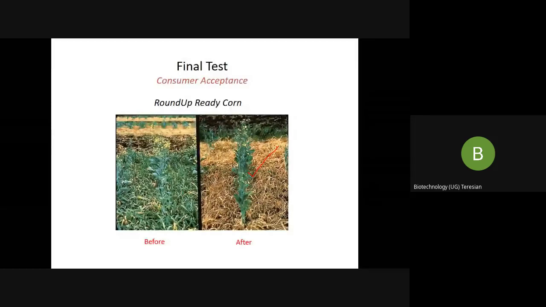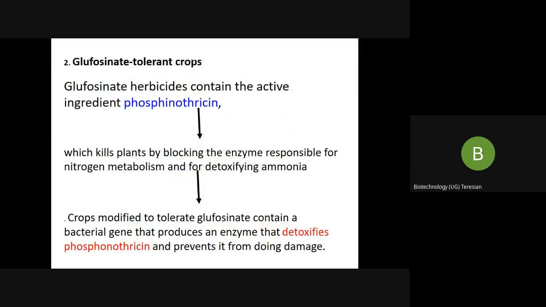Second example also, this also in detail we should study, but for the time being remember this. This is another herbicide, glufosinate, okay, wherein we make a crop plant tolerant to this glufosinate herbicide.